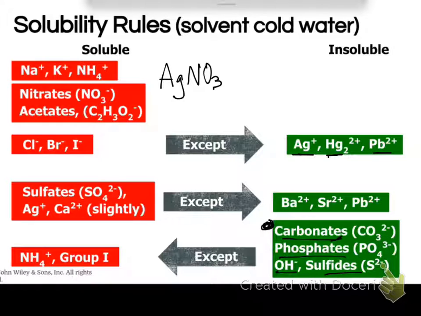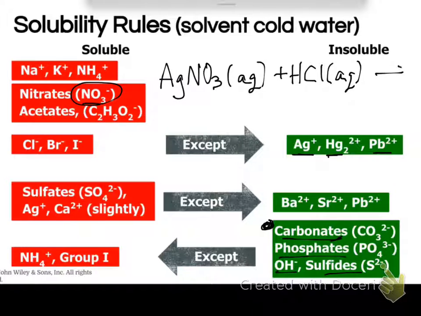Since it has NO3 in it, we said there's no exceptions, NO3 is always dissolved, we're going to say that's aqueous. And so then it would be something like silver nitrate reacts with hydrochloric acid, which is an acid, so it has to be aqueous, to form silver chloride and, I don't know, nitric acid, let's just say.